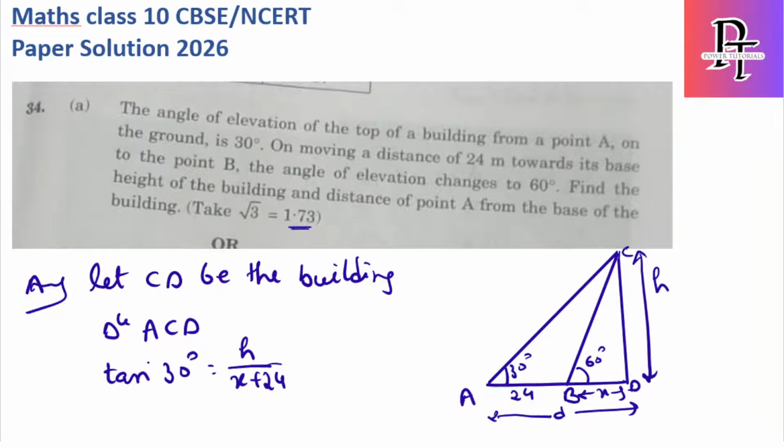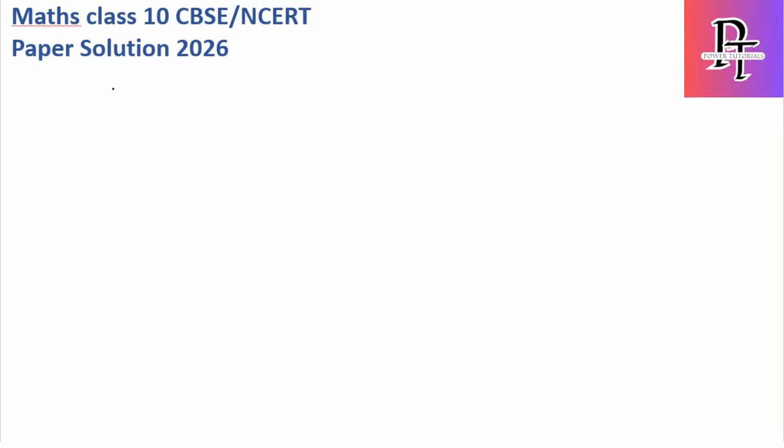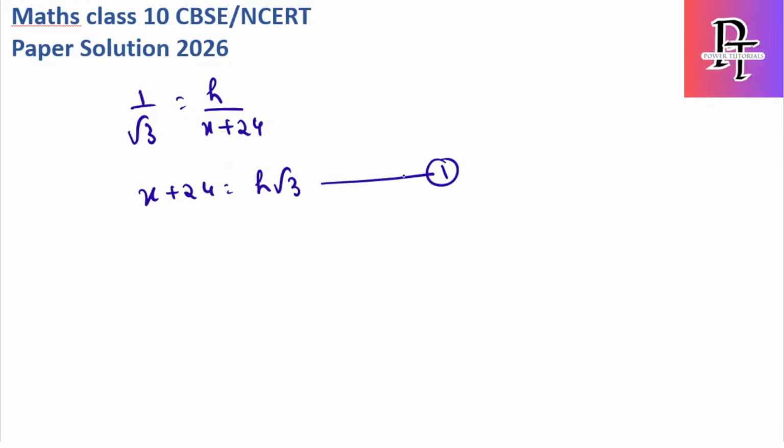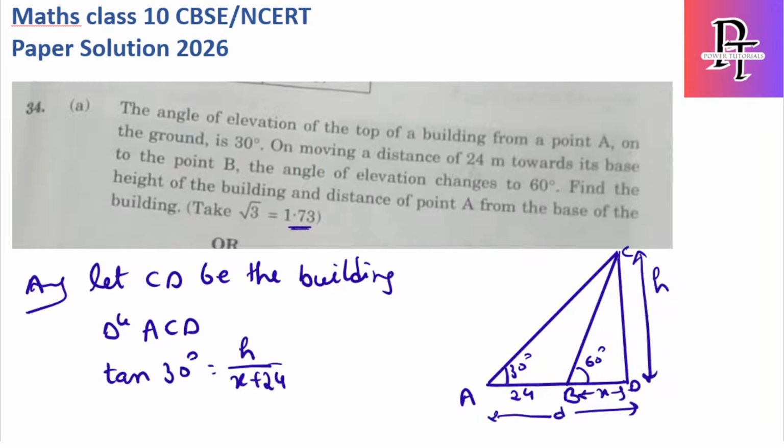What is tan 30? Tan 30 is 1 by √3. So 1 by √3 is equal to h by x plus 24. I can write this equation as x plus 24 is equal to h√3. Keep it as equation 1. Now let's see the second triangle, which is BCD.